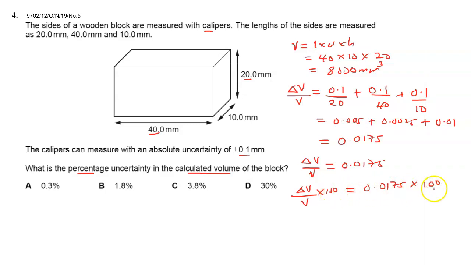Multiplying both sides by 100 does not change the value. So this is the absolute uncertainty, and this is the percentage uncertainty. So this will be 1.75%. That would be the percentage uncertainty of the calculated volume. This is approximately 1.8%, which is B.